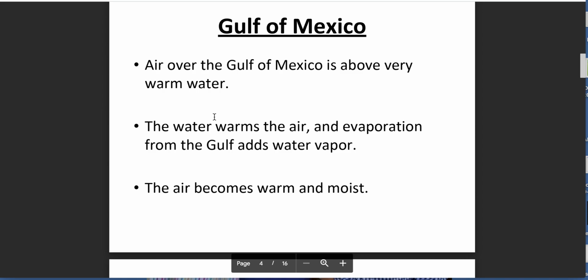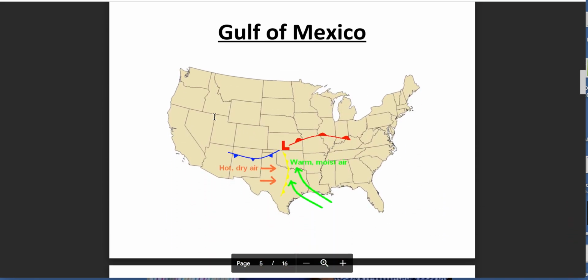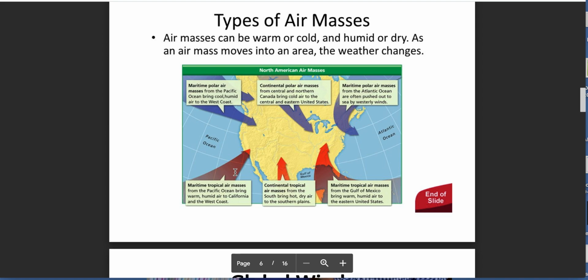So like in the Gulf of Mexico, that's really warm water, and so whatever's formed over that is going to be warm and moist. Okay, so you can see this picture here, and we can see another visual of the types of air masses depending on where it's at.